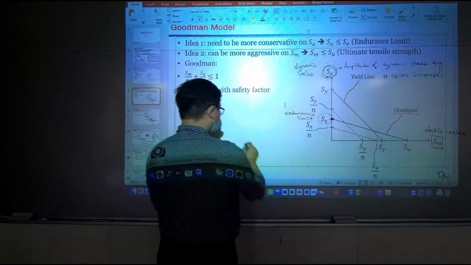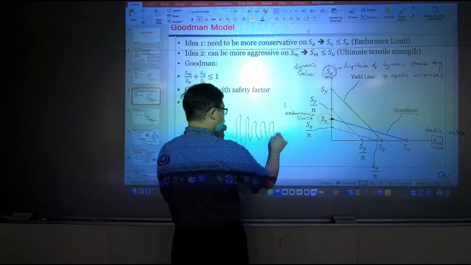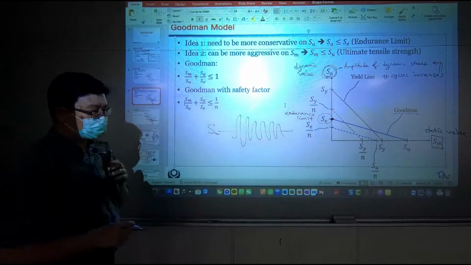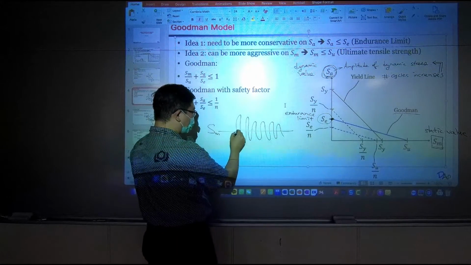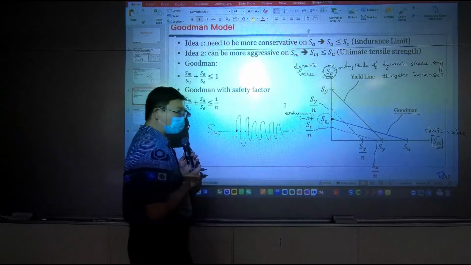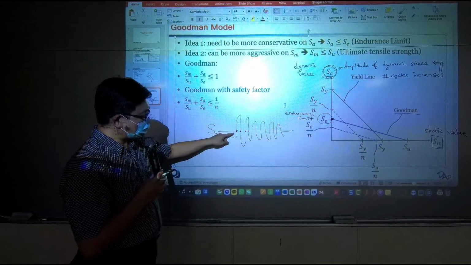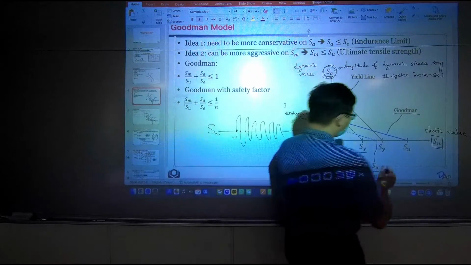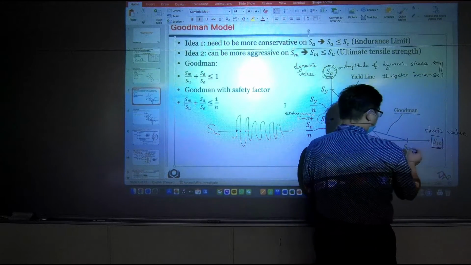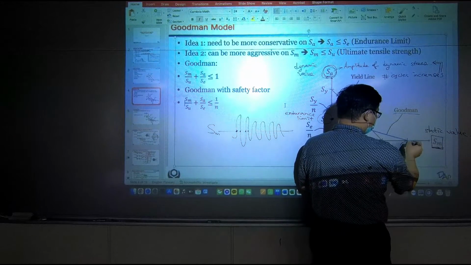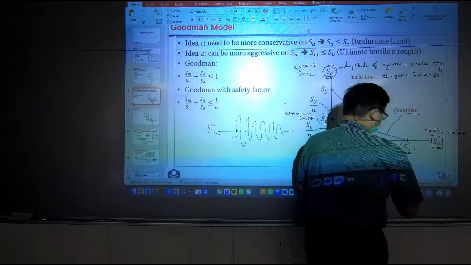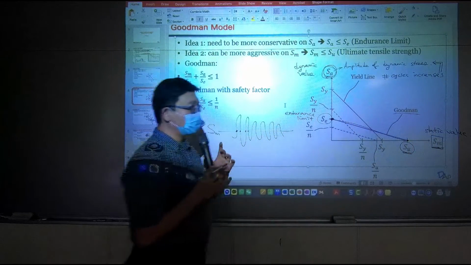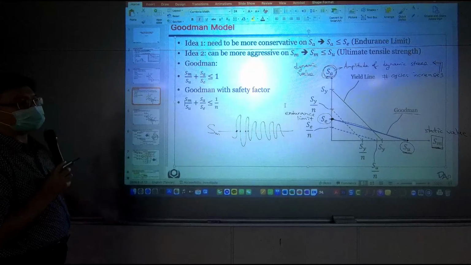And since you are having this dynamic loading, and this is your mean value, the mean value doesn't occur all the time. It only occurs occasionally. So Goodman believes for mean value, you can give it a greater upper limit using the ultimate tensile strength. So at the end, Goodman believes the design boundary could be like that.